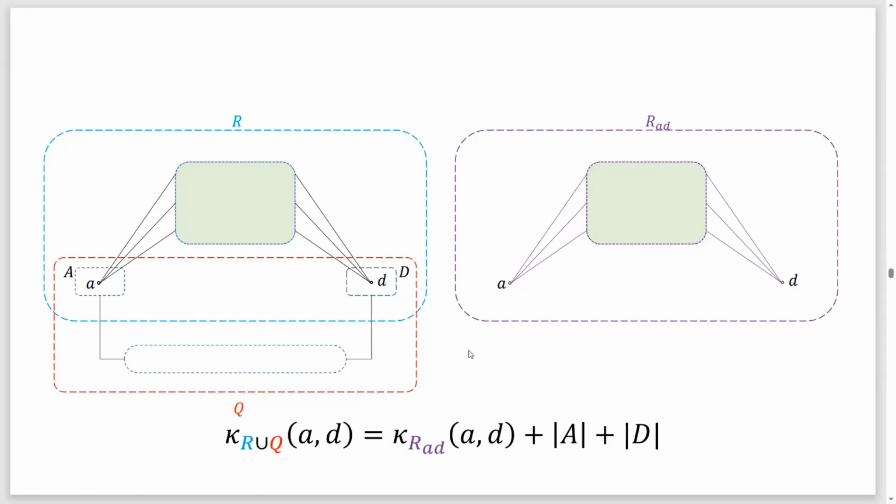Now, we add a source-sink isolating gadget Q, which is the red part, and the other parts in Q, except A and D, are not linked to everything else in R.